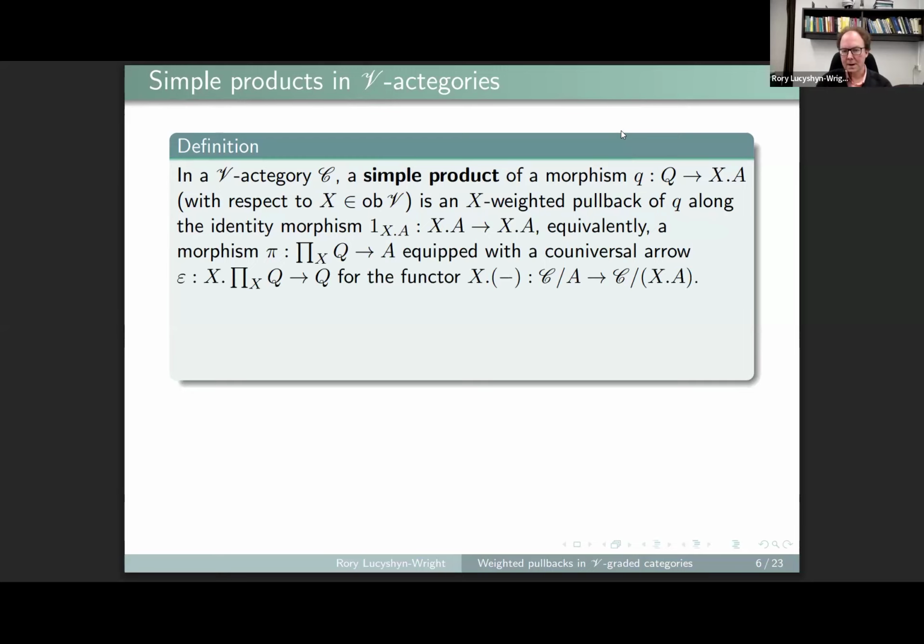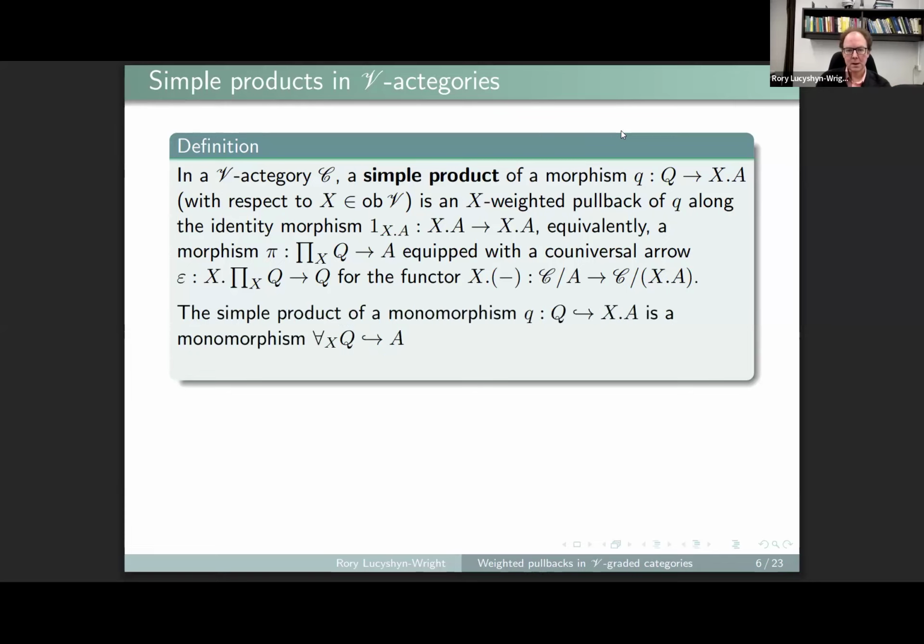It's a co-universal arrow, this time for the functor X dot blank, going from C over A to C over X dot A. So just straightforwardly generalizing that formulation as a co-universal arrow, but now with respect to the action rather than taking products X times blank. And this is indeed an equivalent way of characterizing the weighted pullback of q along the identity morphism, as we've mentioned.